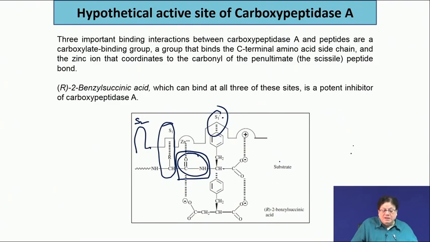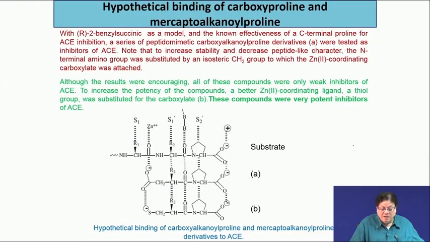So, in this case what you are hydrolyzing is this bond, because it is a dicarboxypeptidase, that means a dipeptide goes off. So, your S1 will be which one? This one.